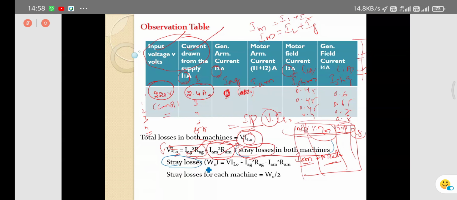The stray losses are equal to the total input minus the total losses, that is, the generator copper losses and motor copper losses, which come to this side. You can see V into IL naught minus IAG square RAG minus IAM square RAM here. Okay, now just wait.